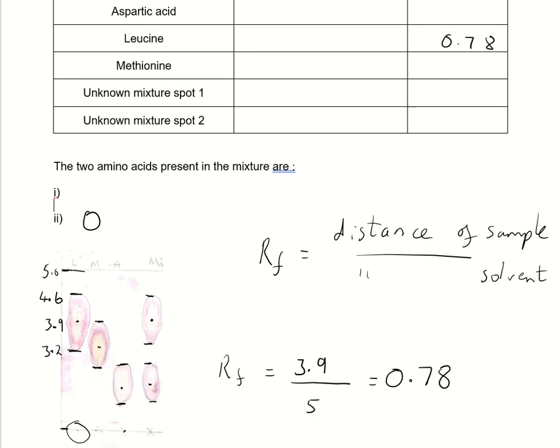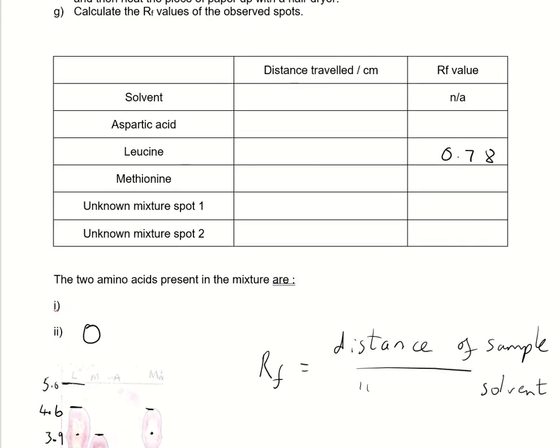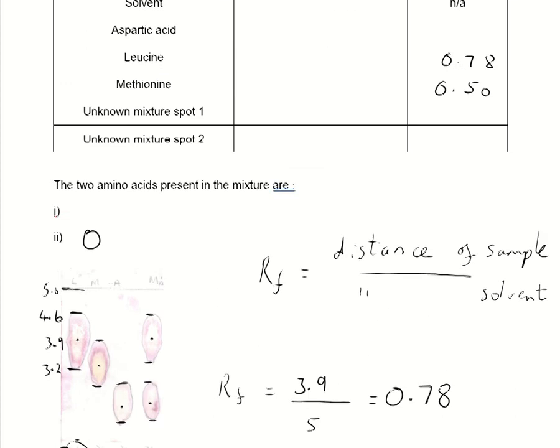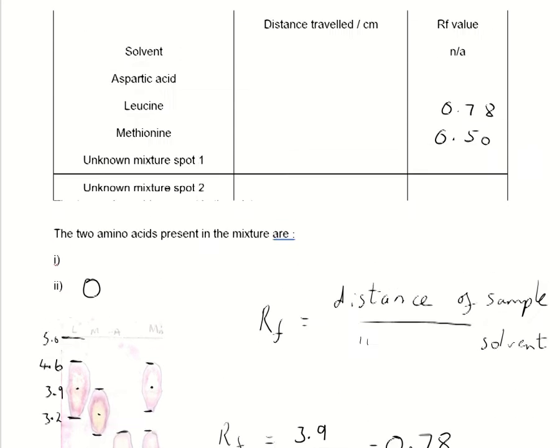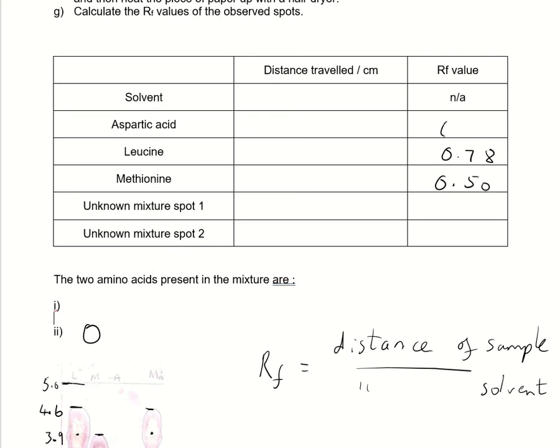It looks a bit lower for methionine, so we'll say 0.50. And aspartic acid, the lowest down, so we'll say 0.23 for that. But again, you should obviously be working these out with a ruler. Show your calculations for it, otherwise you will not get as much credit.